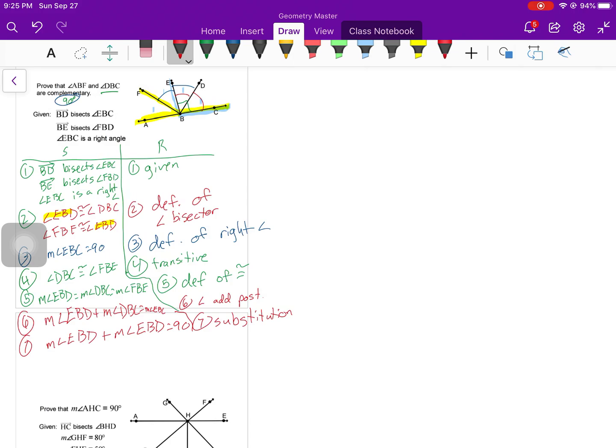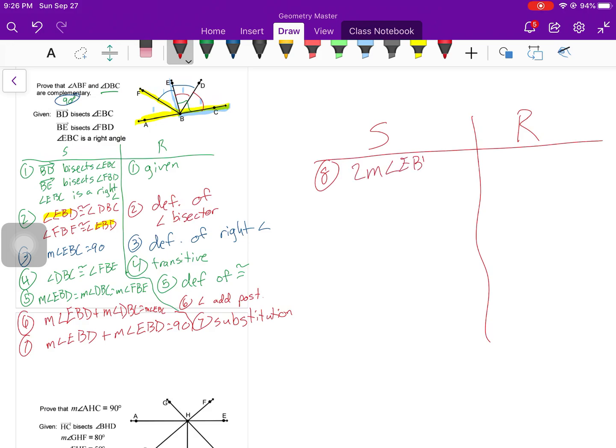And then I'm going to continue up over here just so I don't go into that next problem at all. So I'm going to continue statements and reasons. In statement 8, I would say 2 times the measurement of angle EBD equals the measurement of angle EBC, which is 90. That was simplifying.